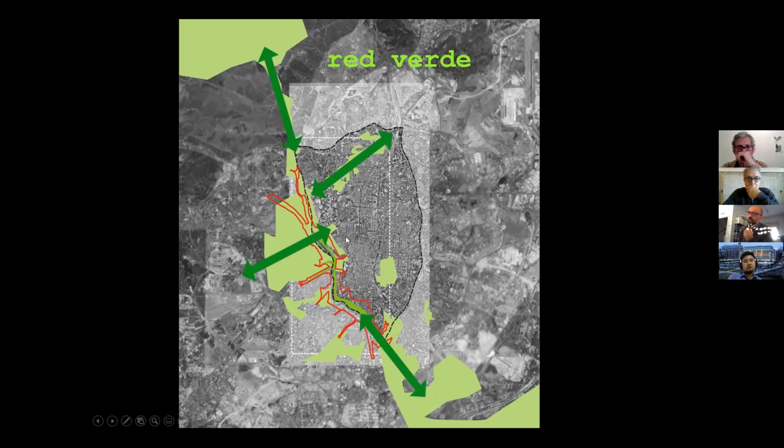And that means that this space was changed, because instead of a place where almost 60,000 cars were passing every day. Per day. Yeah, per day. It changed to a place where the cars will have to surround.